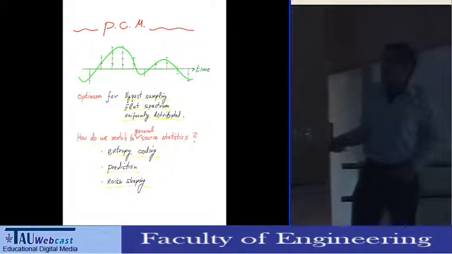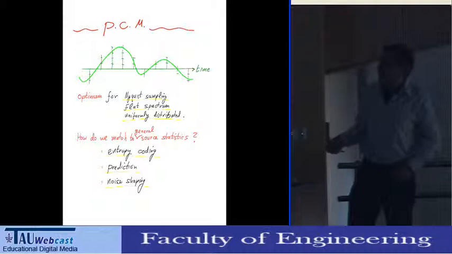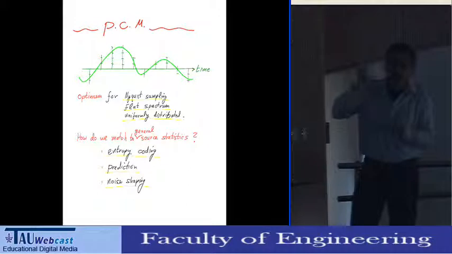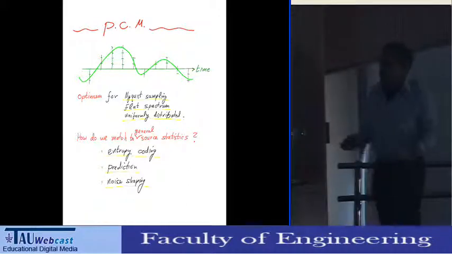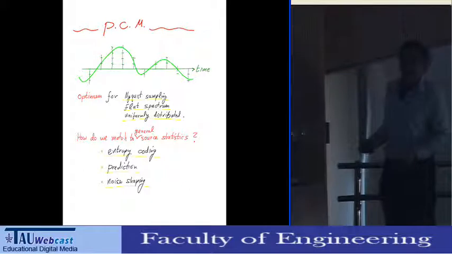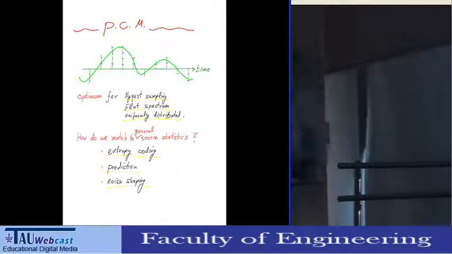This is good for Nyquist sampling, and assuming the source has a flat spectrum on the bandwidth, so there is no dependency between samples, and assuming the source is uniformly distributed in the range of the A to D. But what if these conditions do not hold? We can use entropy coding, we can use prediction, which I will talk about in a minute, and we can use noise shaping, which I will talk about in 2 minutes.